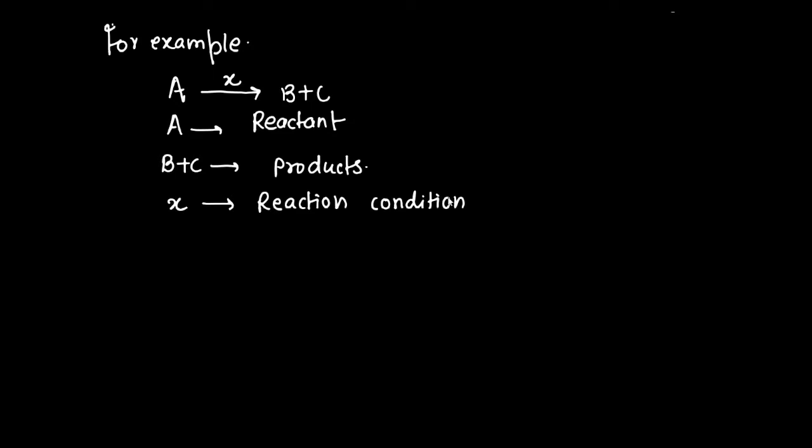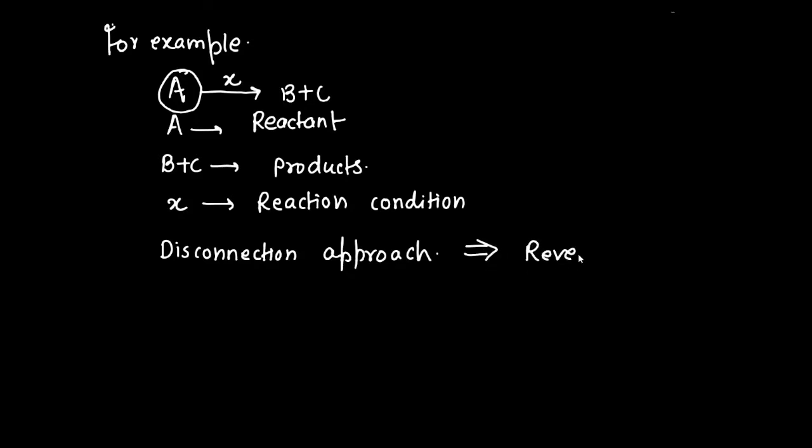Then, to apply a disconnection approach over here, what is needed? Now here I can consider A as the reactant and B and C as the products. In the disconnection approach, our thought process should be reversed.